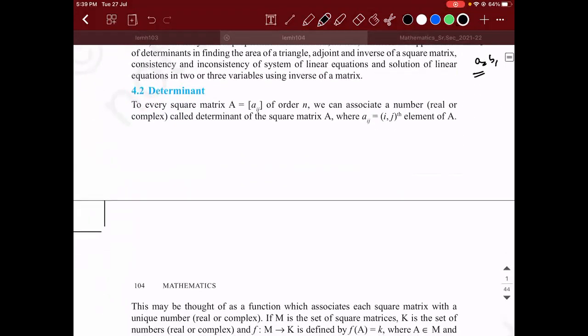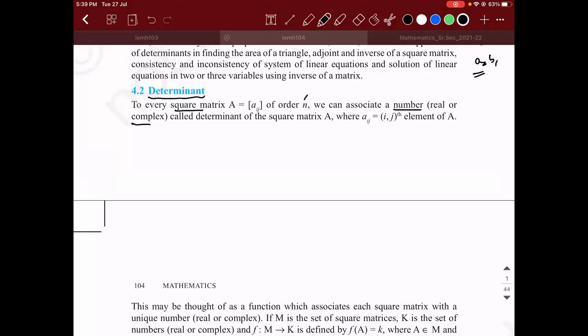So let's look at the basic definition of what a determinant means. So first point to be noted is determinant is defined for what kind of a matrix? What condition is the matrix supposed to satisfy? So to every square matrix A of order n, we can associate a number.